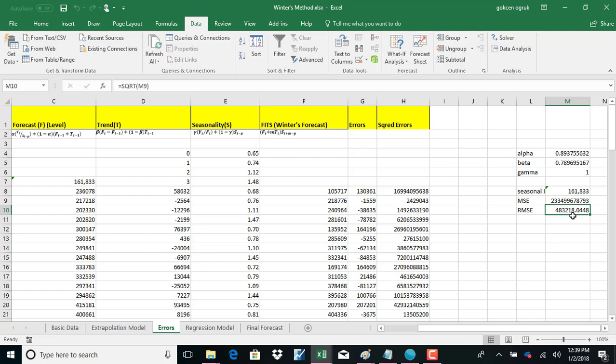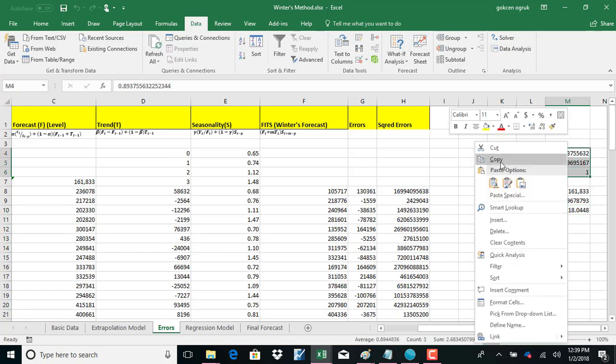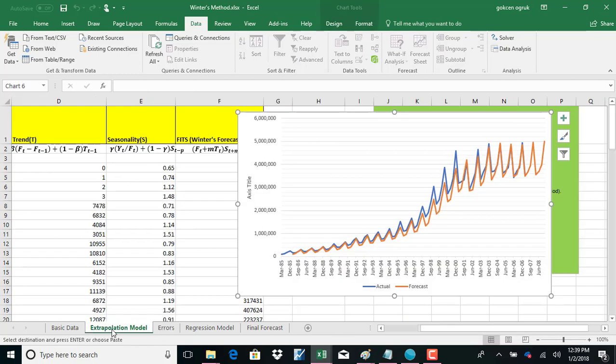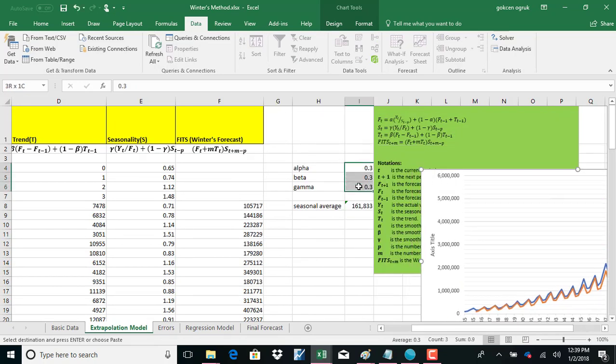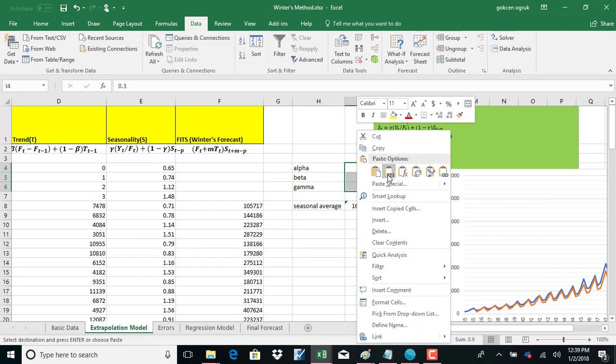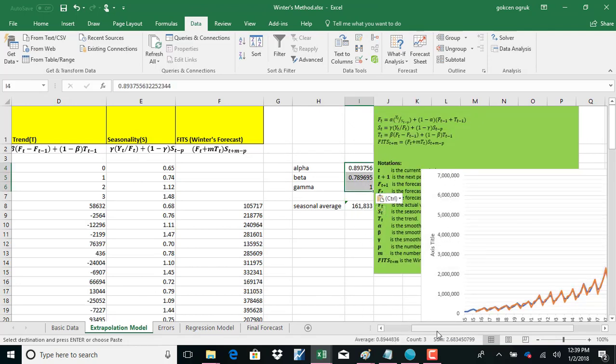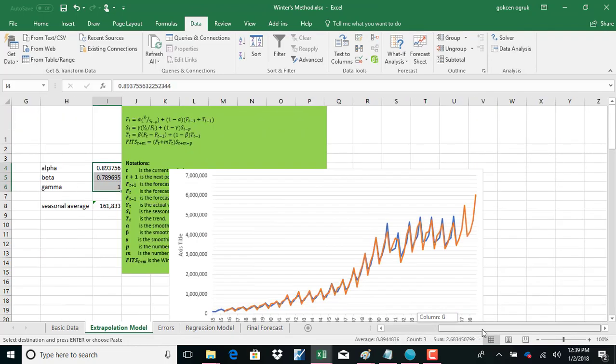That makes our error as low as possible given the constraints that we have chosen here. So I'm going to copy down this alpha, beta, and gamma and plug them here. And now as you see, our forecast is going to adjust to the new alpha, beta, and gamma.